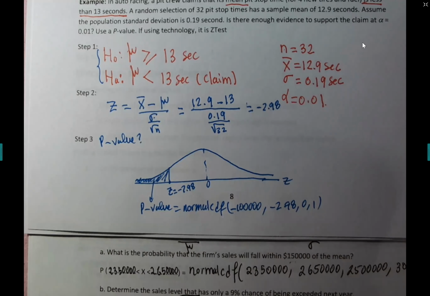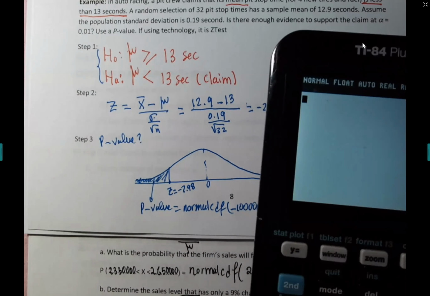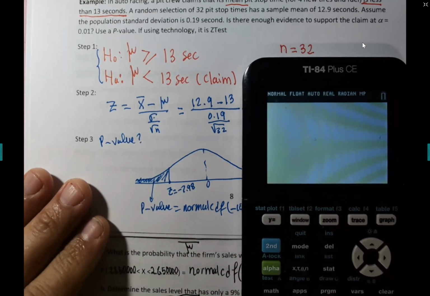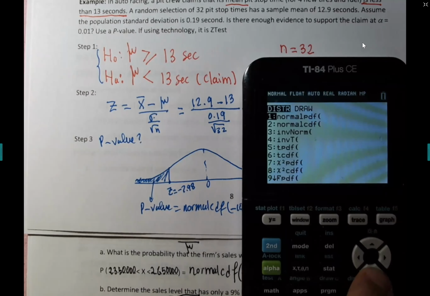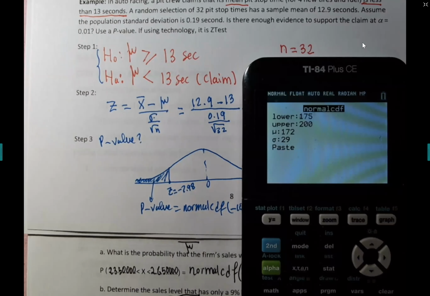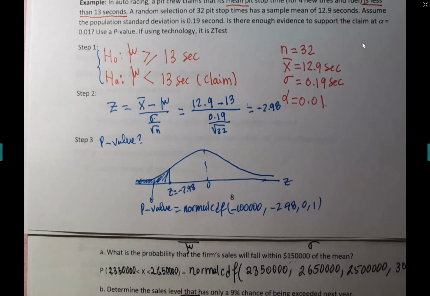And again, guys, you're going to see that you don't have to do this to find the p-value. It's going to be done automatically later, in just a few seconds. But let's see. So second distribute, normal CDF, negative 1 million. I think it's going to be a very small p-value, although I shaded too much, but this is just a sketch. Okay, I got 0.0014, 4 decimal places.